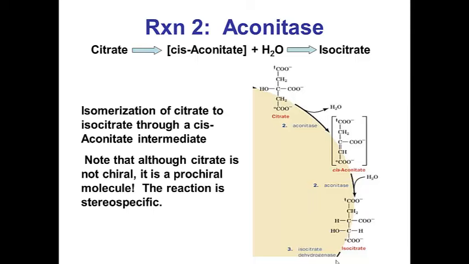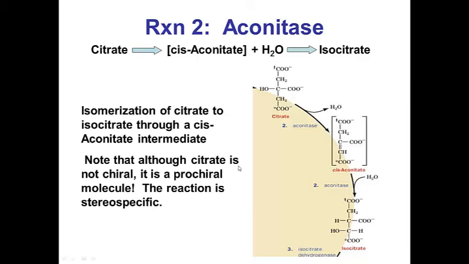Okay, so now let's talk about reaction 2. Reaction 2 is the aconitase reaction. So aconitase is going to convert citrate to isocitrate, and it's going to go through this cis-aconitate intermediate.